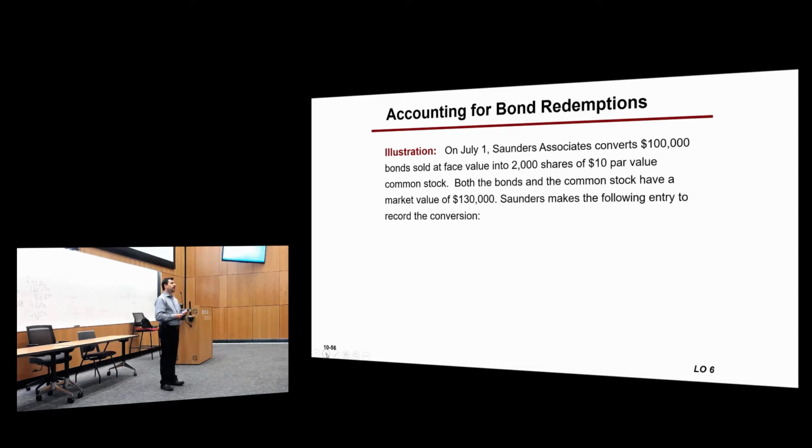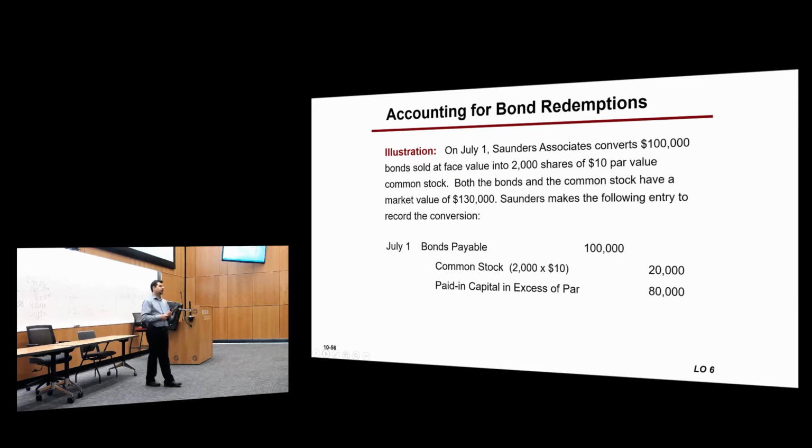What's the value of those common stocks? 20,000. What's the value of the bonds payable? 100,000. Where did the 80,000 go? It will be added to an account called paid-in capital in excess of par value. The company will debit bonds payable, credit common stock 20,000, and credit paid-in capital in excess of par value.